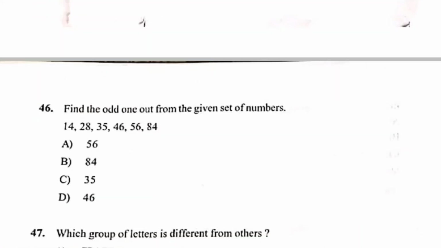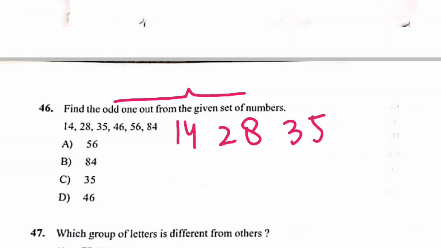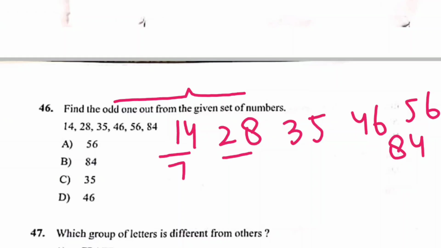Next question is, find the odd one from the given set of numbers. We have 14, 28, 35, 46, 56 and 84. Okay, so we need to find out the odd one out here. So here you can see 14 is divisible by 7, 28 is divisible by 7, 35 is divisible by 7.